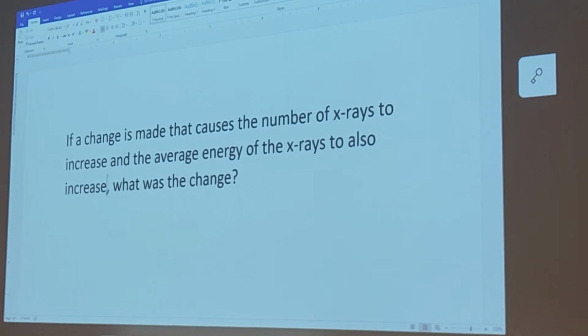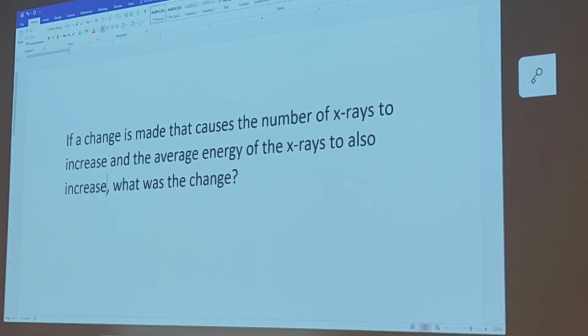If KVP increases, does the curve move left or right? Moves to the right. If the curve moves to the right, does that mean more energy or less energy? More energy. Does that fit our question? Yes. So KVP is one potential answer here. KVP will increase the number and increase the energy.